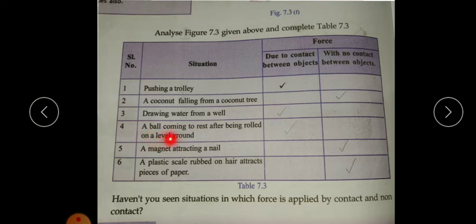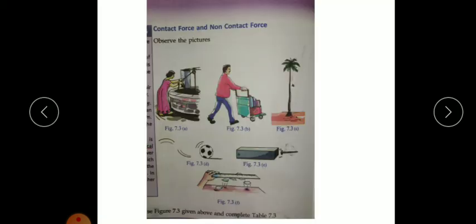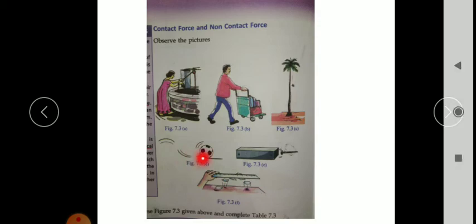A ball coming to rest after being rolled on a level ground. So here a ball is rolling, and this ball comes to the state of rest after moving through some distance.